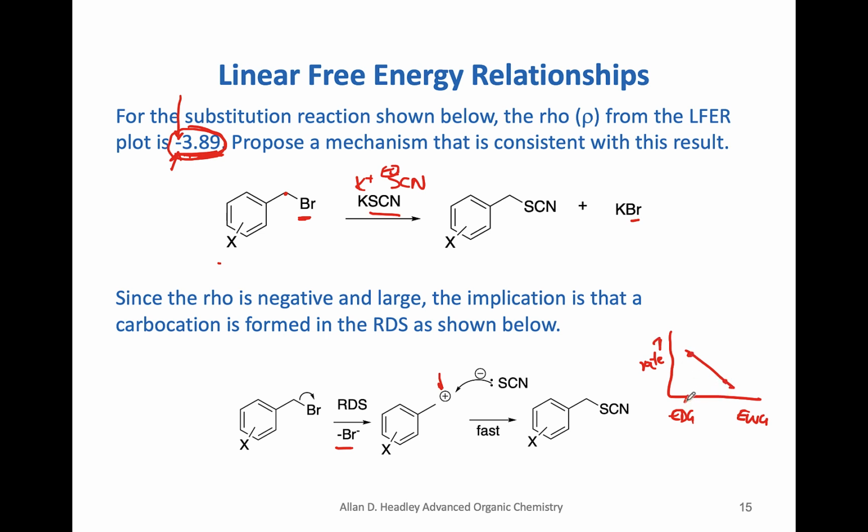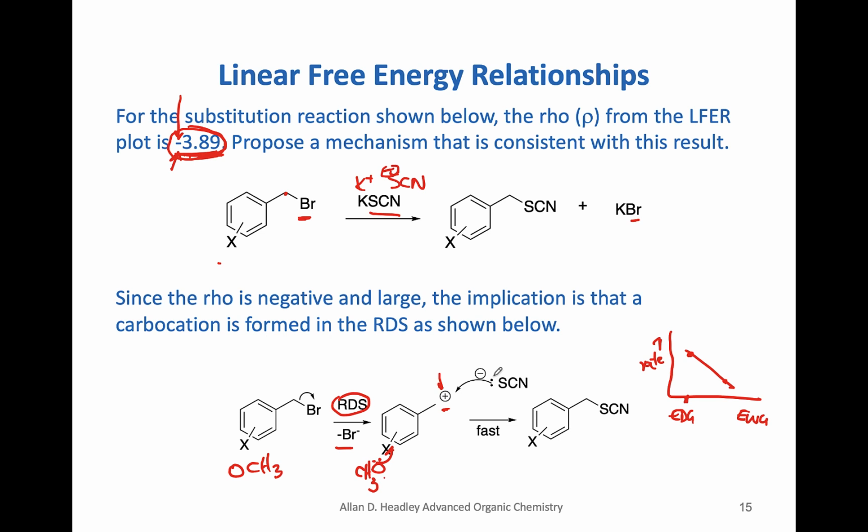Fast because we have electron donating groups such as OCH3. So if you put an OCH3 here, you can see that these electrons will donate electrons to stabilize the positive charge here. And if you stabilize the positive charge, you have a stabilized transition state for the rate determining step, which means a faster reaction.